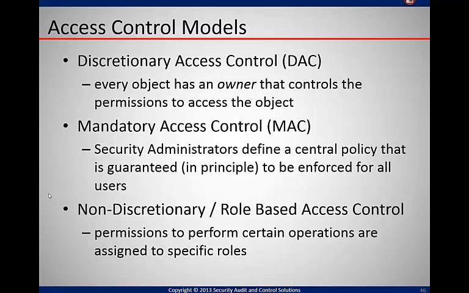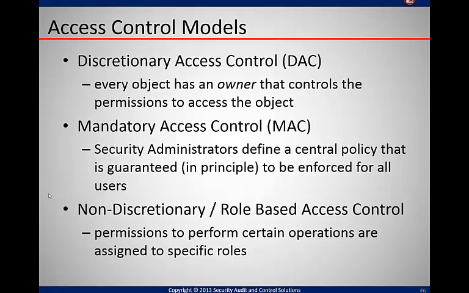Now, also, when we look at access control models, this is where the theory starts, and actually this is a nice part. We have discretionary access control, DAC. The important aspect about discretionary access control that you need to remember is that every object has an owner, and the owner controls the permission to access that object.